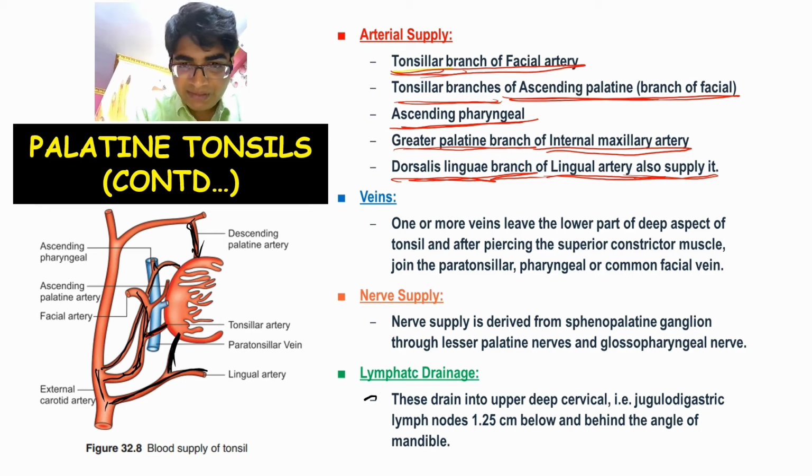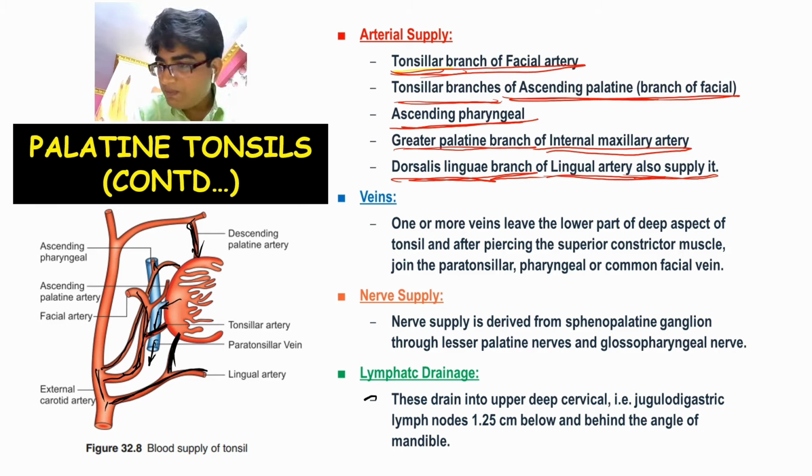Correct? Next, veins. Very importantly, one or more veins leave the lower part of the deeper aspect of the tonsil, and after piercing the superior constrictor muscle, they join firstly the paratonsillar vein, then pharyngeal plexus, then common facial vein. Correct? Okay.